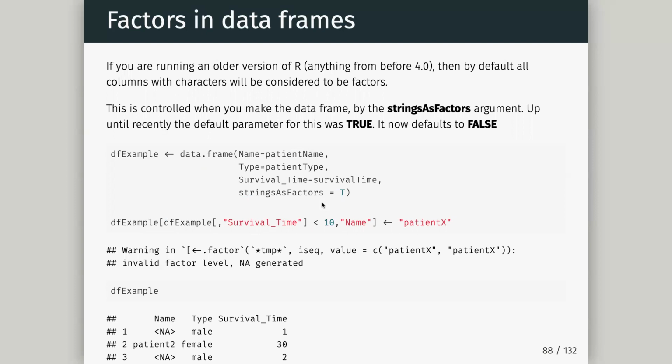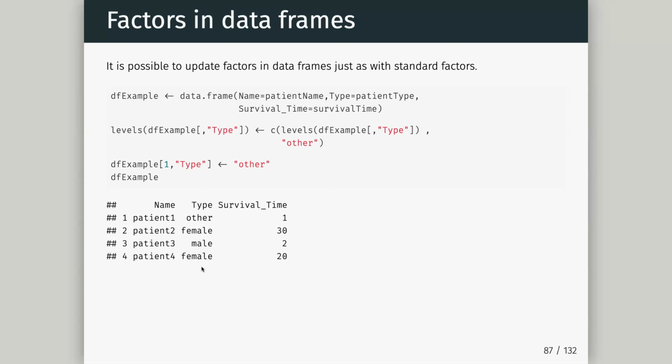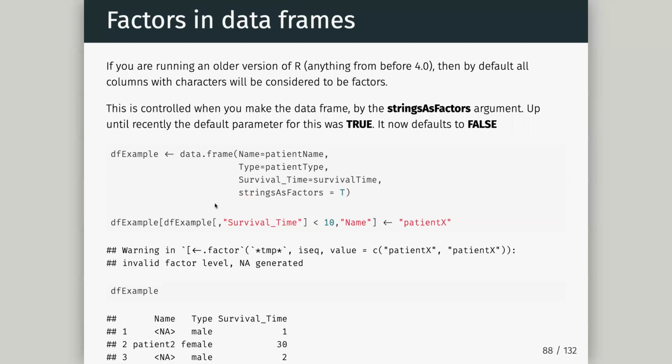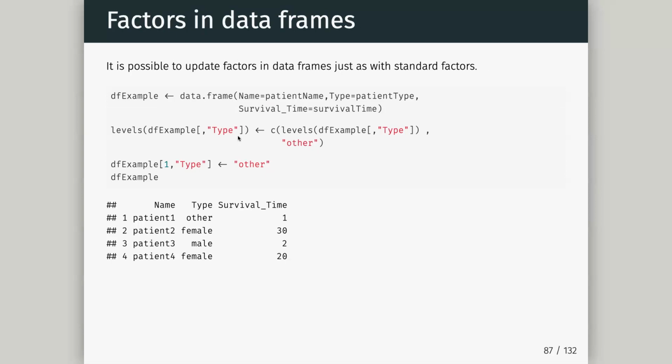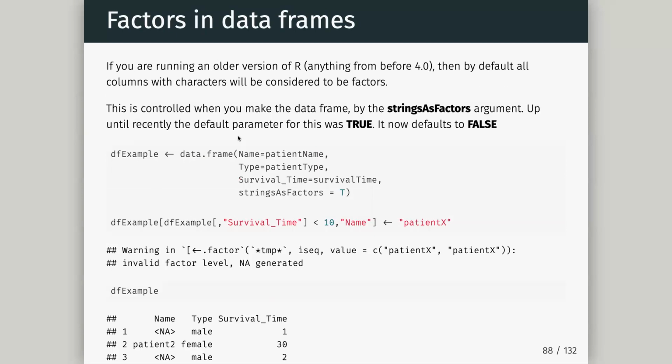So if I read in this table here from a file, it would make patients factors. It would make type factors. Anything which didn't look numeric, it would make a factor, which is a pain because then you need to worry about this levels thing, this thing we were just worrying about here. Actually, that updated since we've been doing this class. I guess they reckon that wasn't a sensible default.